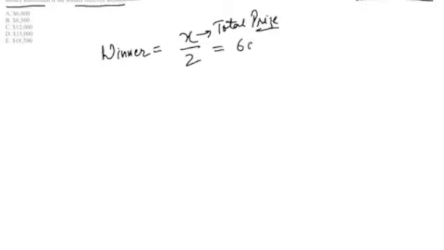So the winner is receiving 6,000, so the total prize money X is equal to twice 6,000, which is 12,000. So the total prize value has to be 12,000.